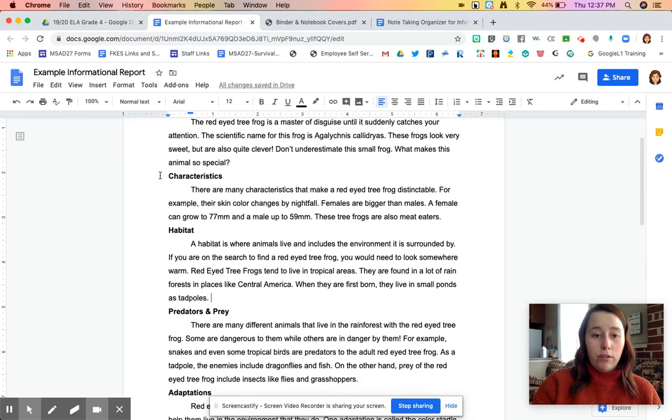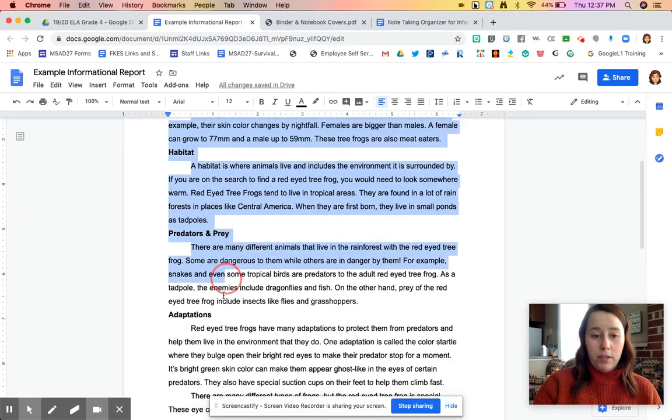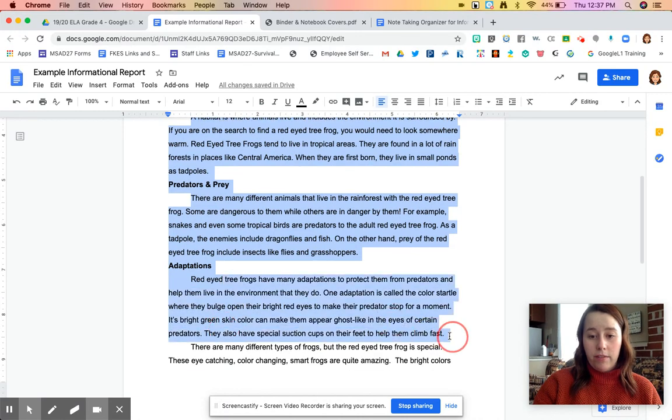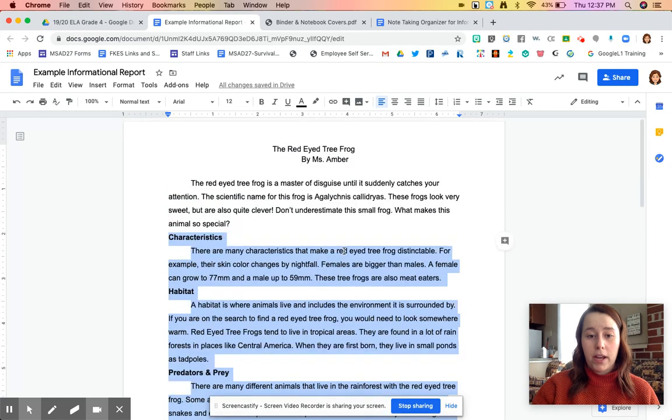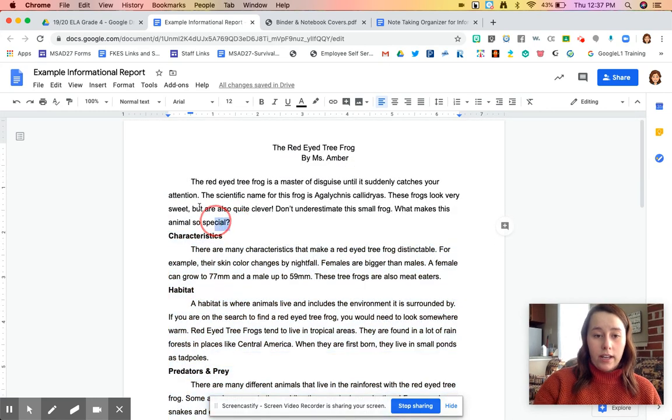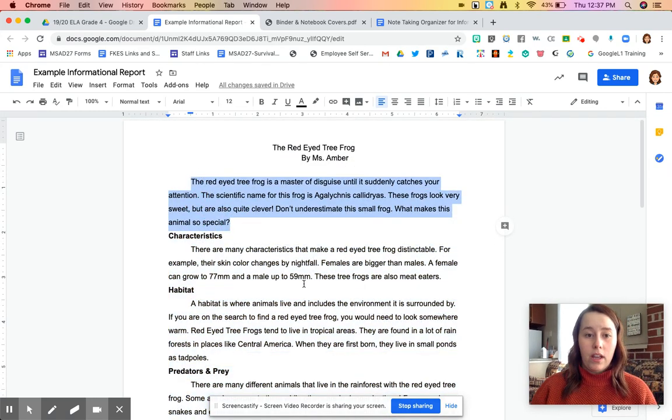So once you go through your 4 subtopics, you have to remember that we also have 2 extra paragraphs, our introduction at the beginning and our conclusion at the end. So you'll see for my introduction, I started off by saying, the red-eyed tree frog is a master of disguise until it suddenly catches your attention.